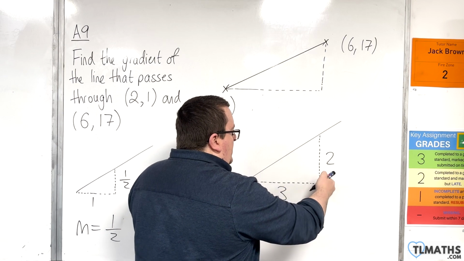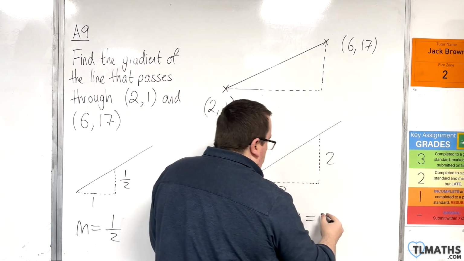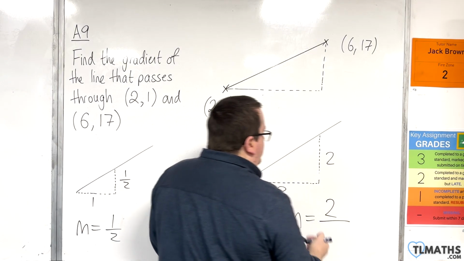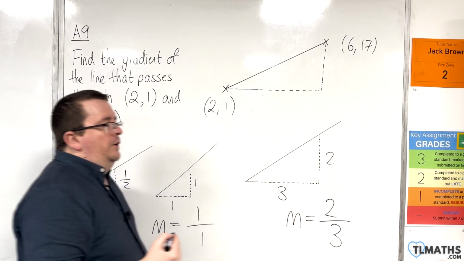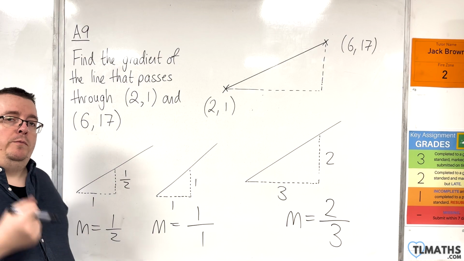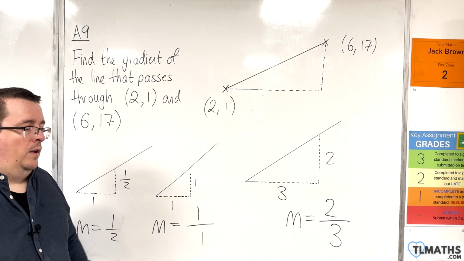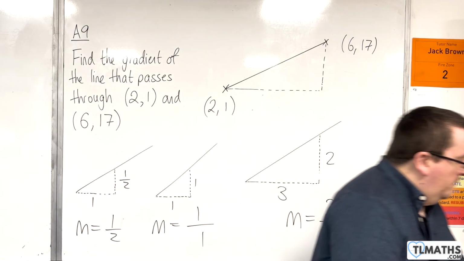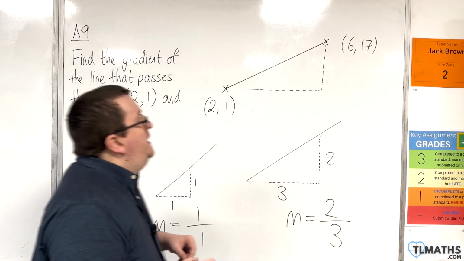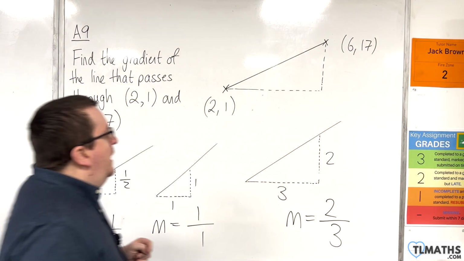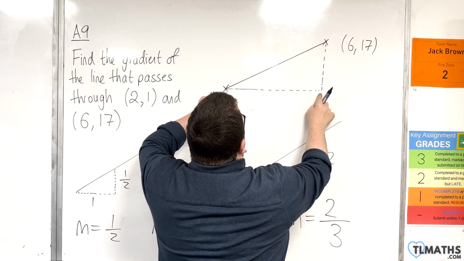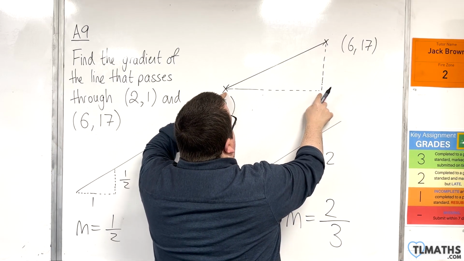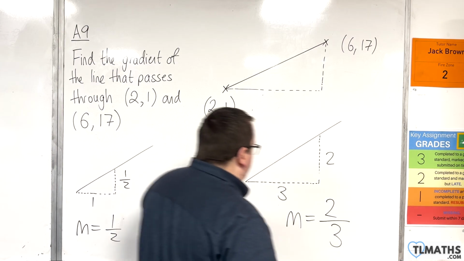I figure out that distance there, which is 2, and then divide it by that distance there, which is 3. So the gradient in that scenario would be 2/3. So the way that we find our gradient is by working out that distance and dividing it by that distance. Okay? So, let's do that.